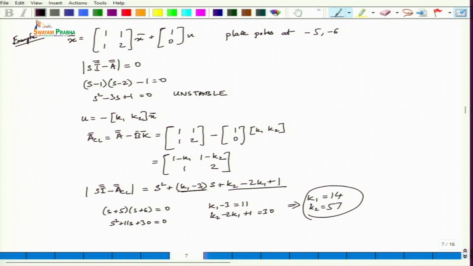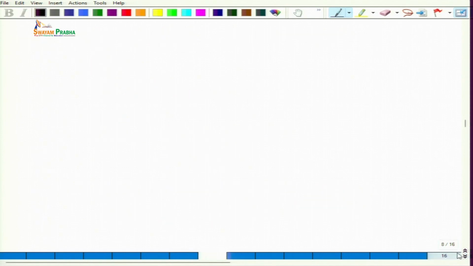Now let us consider another example. We are going to consider more or less the same system, only instead of 1 we are going to consider 0. So our second example will have 1 0 1 2, and if we write down ACL, we are going to get 1 minus k1, 1 minus k2, 0, 2.